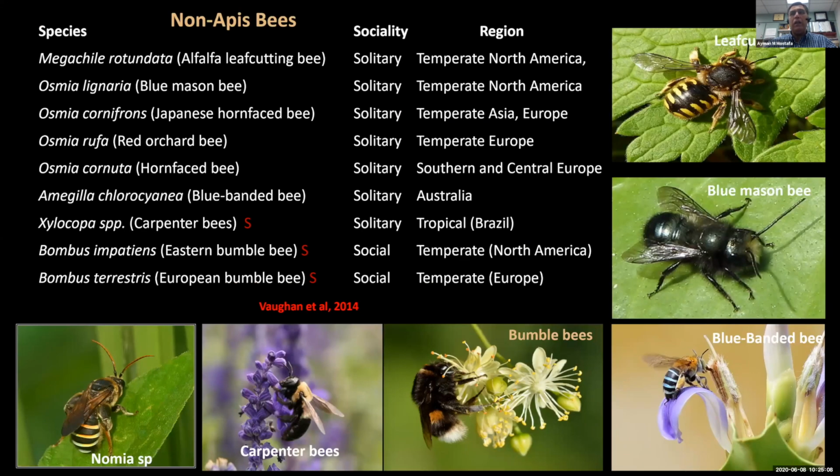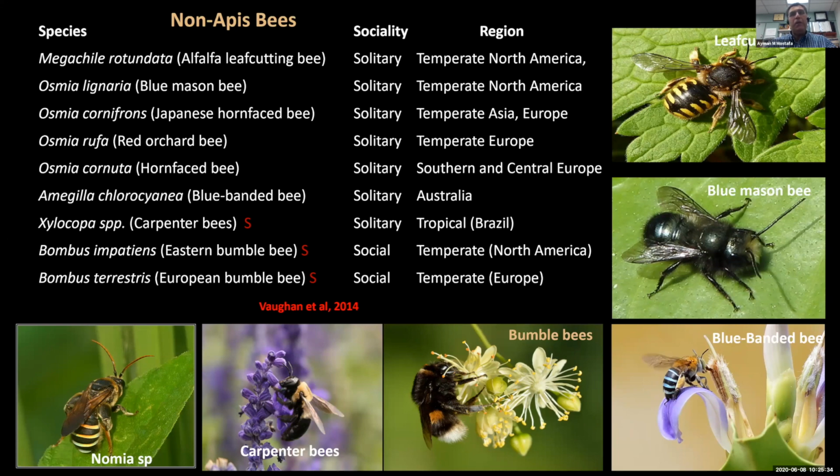If we go a little closer to the bees themselves, we normally differentiate between what we call Apis bees, Apis being the genus of honeybees, the scientific name being Apis mellifera, and non-Apis bees, which are mostly solitary and sometimes stingless bees, and we have a lot of them in our environment.